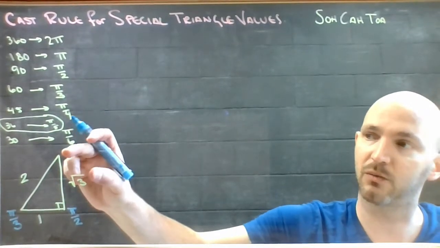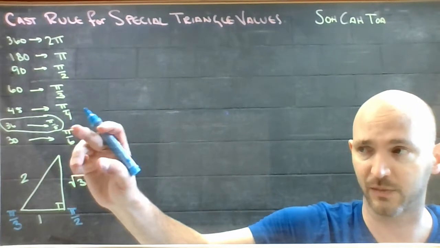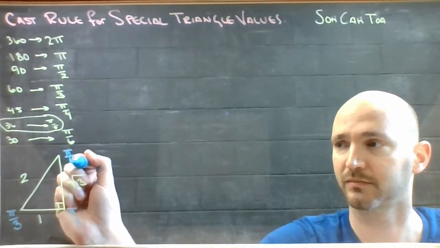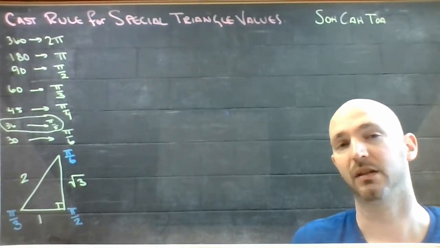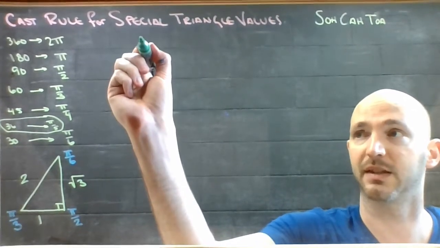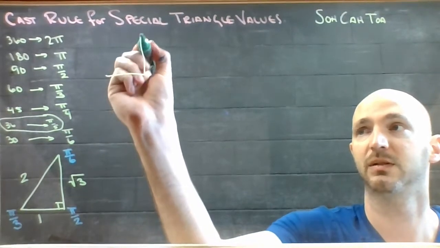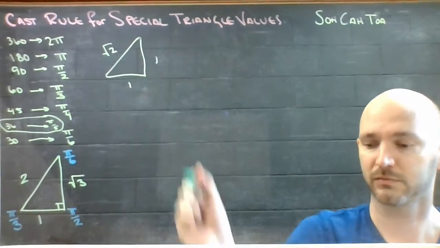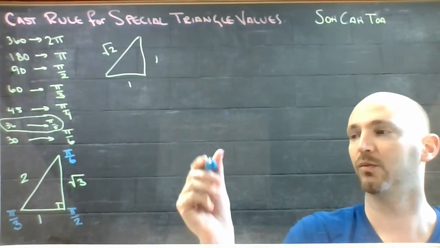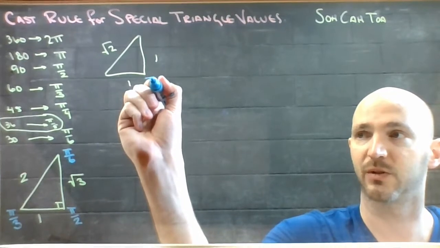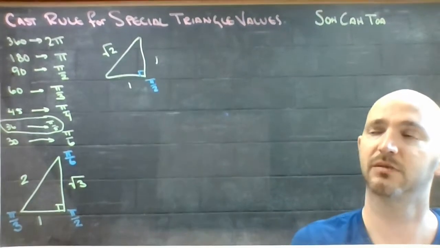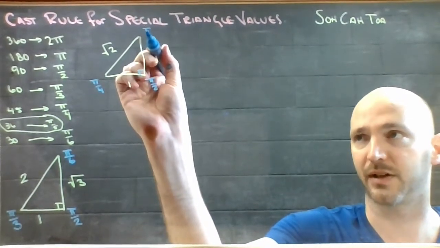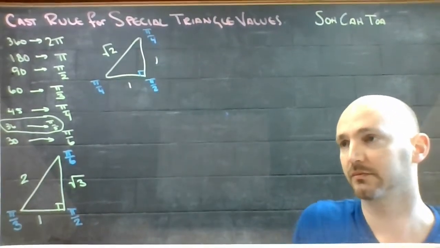And this one up here was 30 degrees, so we're going to call that pi by 6. The other special triangle that you would have worked with is the 1, 1, root 2. Which has a pi over 2 corner here because it's a right angle, and a pi over 4 corner in the bottom and the top. Lovely.